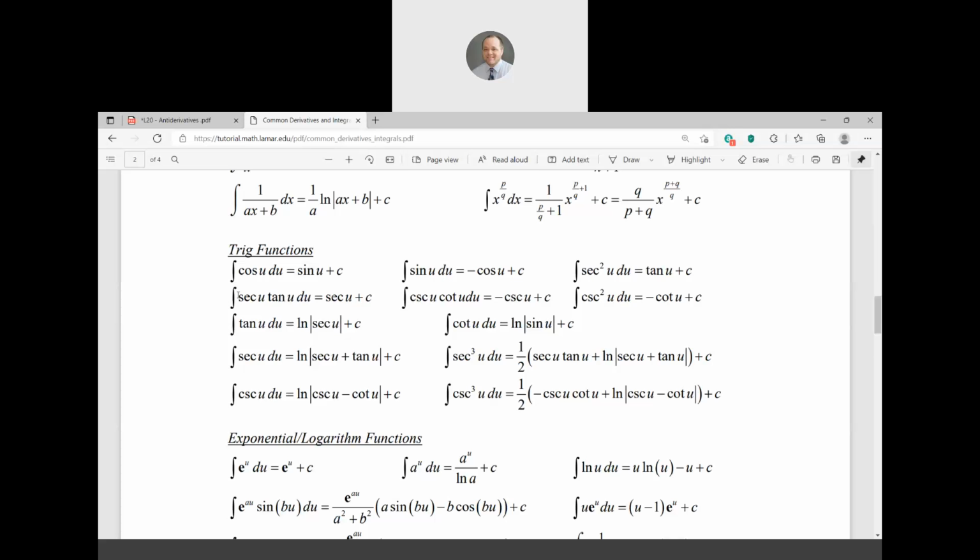Next, the integral of secant u times tangent u du is equal to secant u plus c. The next one in the middle, the integral of cosecant u times cotangent u du is equal to negative cosecant u plus c. And then the last one you need to know for now is the integral of cosecant squared u du is equal to negative cotangent u plus c.